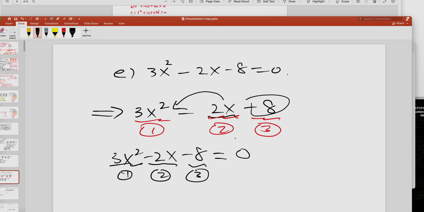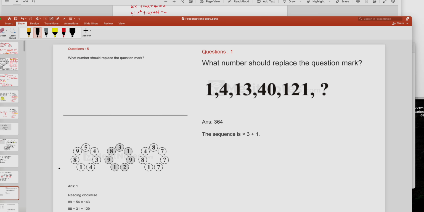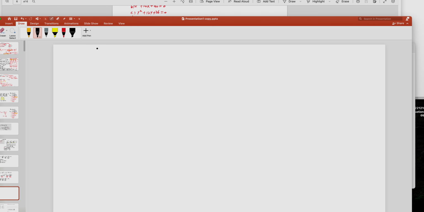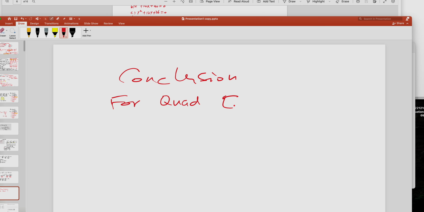So in a way, if there is a conclusion for you for quadratic equations: what's the meaning of quadratic?